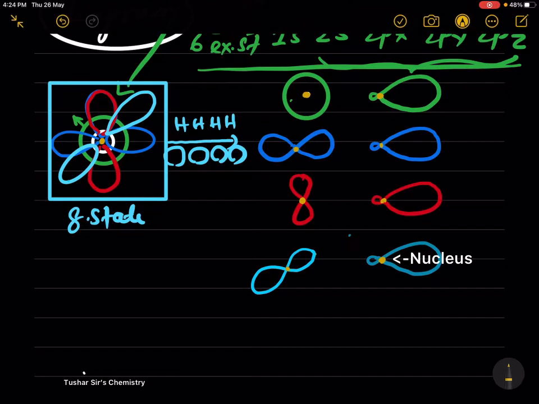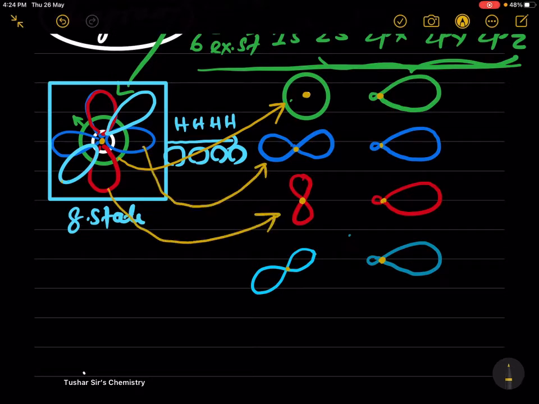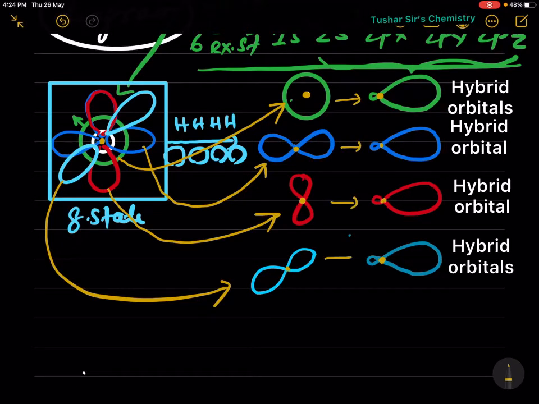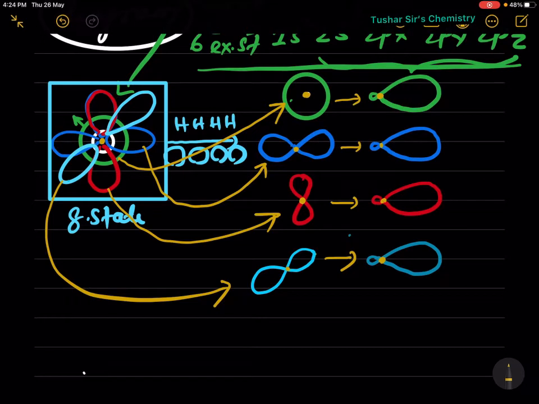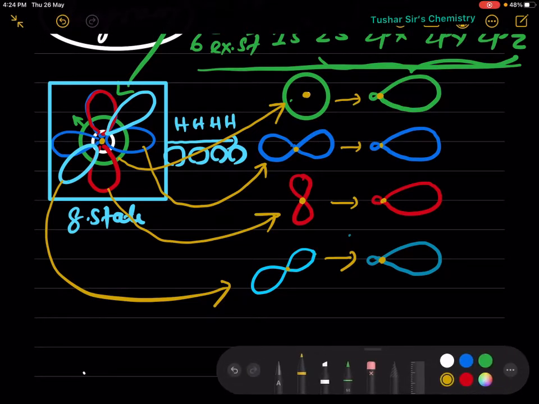You see, this green color one is 2s, one is 2px, the red color one is 2py, and this one is your 2pz. During hybridization, the shape of the hybrid orbitals becomes like this. But you see, they have a common nucleus.